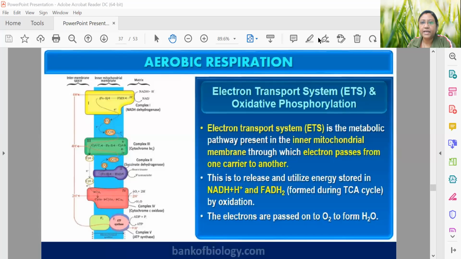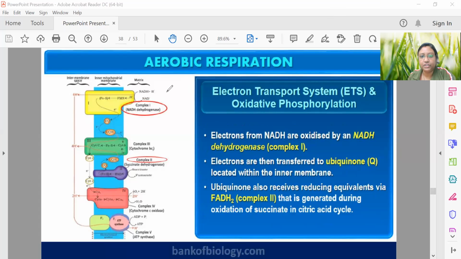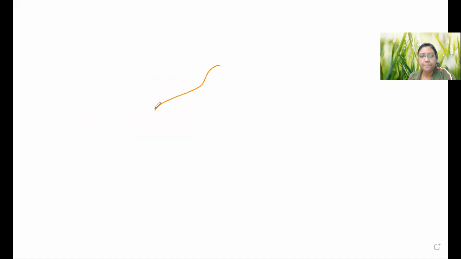Actually, I feel like telling you how efficient an organelle the mitochondria is. Don't you think mitochondria is a very efficient organelle? Let me tell you why and how. If you look into the structure of a mitochondria, different parts are responsible for different types of pathways.